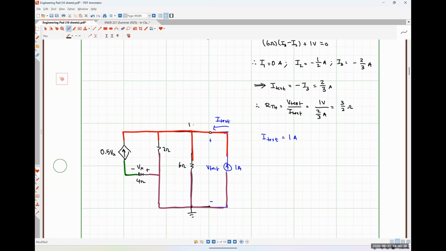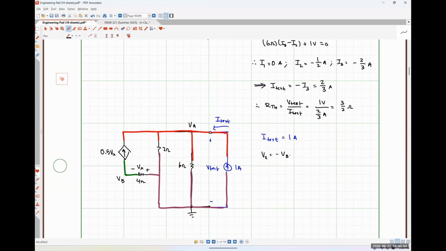So if I find this nodal voltage, VA, that's going to be the same thing as V test. And that's going to make this guy by default VB. So my controlling variable relationship is going to be Vx is equal to negative VB. If anybody needs me to explain why, please say so.